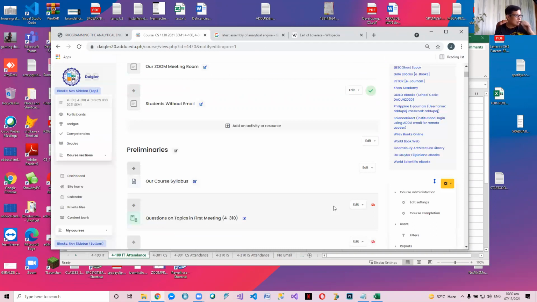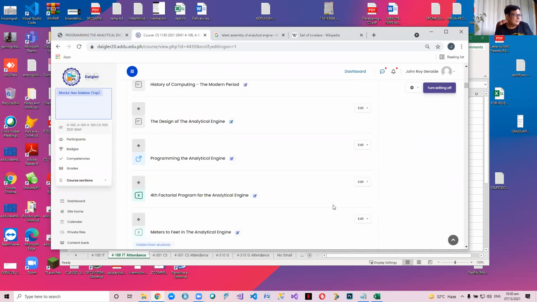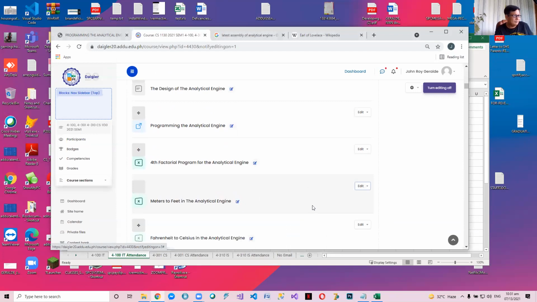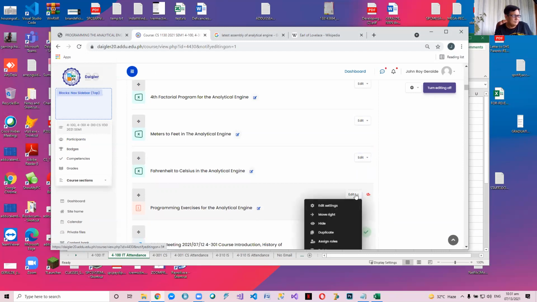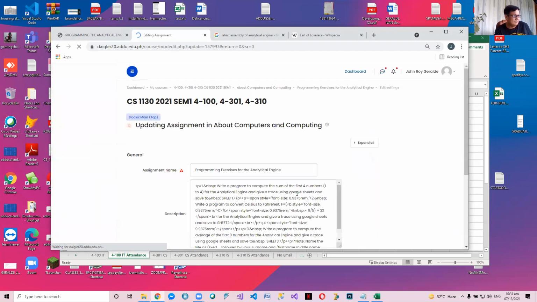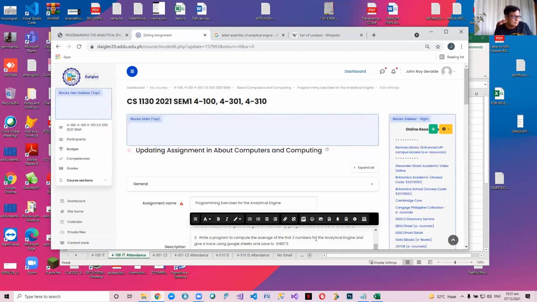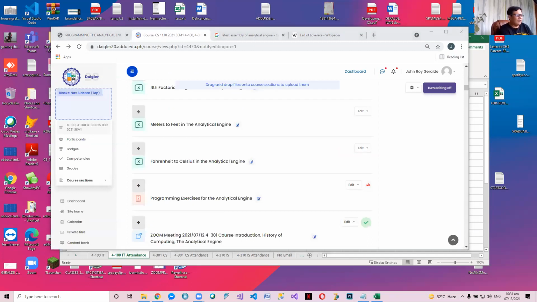Who knows how to compute factorial? What is factorial, anyone? Okay. What is the fourth factorial? Anyone? N factorial?